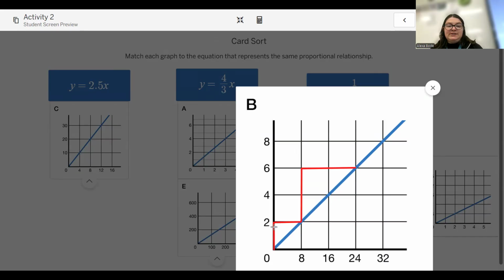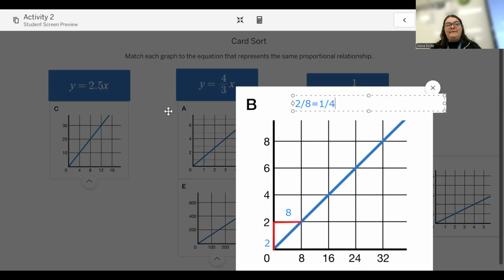So my vertical distance or my height of this triangle is going to be from 0 to 2. I'm starting at 0 going up to 2. That is a vertical distance of 2. My horizontal distance from 0 to 8 is 8. So if I want to do my vertical divided by my horizontal, that is 2 over 8. And 2 over 8, I can divide them both by 2. 2 divided by 2 is 1. 8 divided by 2 is 4.